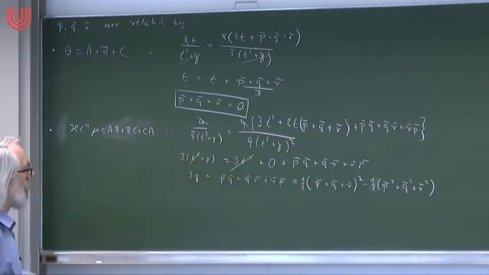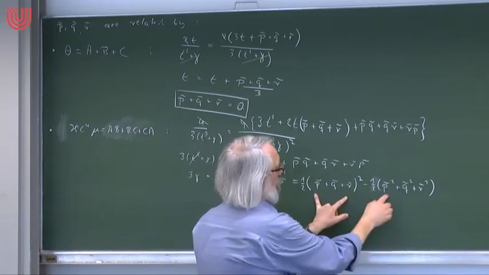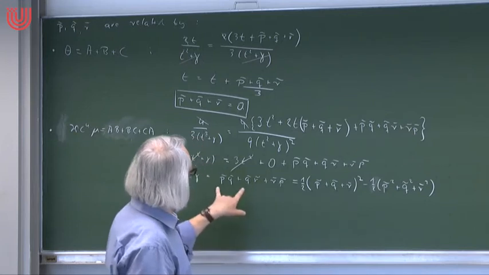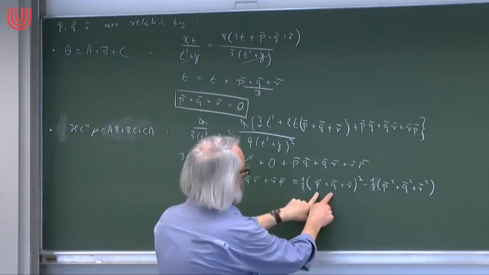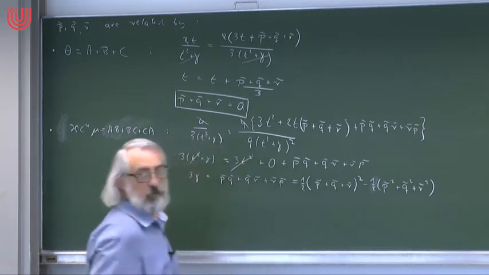You see this? If you multiply this out, then you get the squared terms. So I've subtracted them again, so they are gone. And then you have the mixed terms, and the mixed terms are precisely what we have here. 1/2 times 2 p̃q̃ is this here, and for the other terms in exactly the same way.